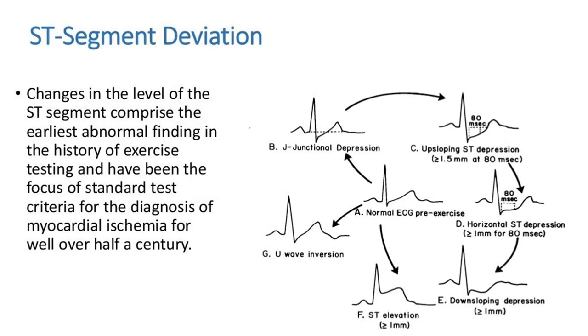Changes in the level of the ST segment comprise the earliest abnormal finding in the history of exercise testing and have been the focus of standard test criteria for the diagnosis of myocardial ischemia for well over half a century. Here you can have a look at the pictures of the graph. This is ST segment deviation.